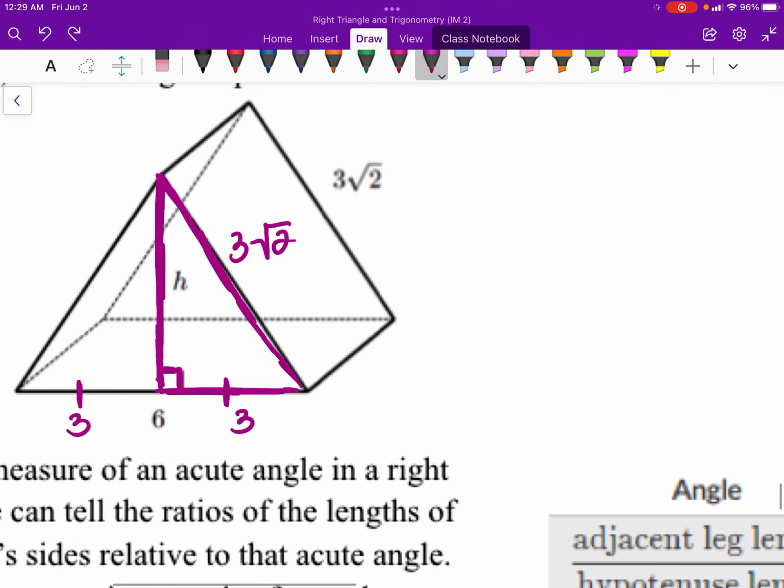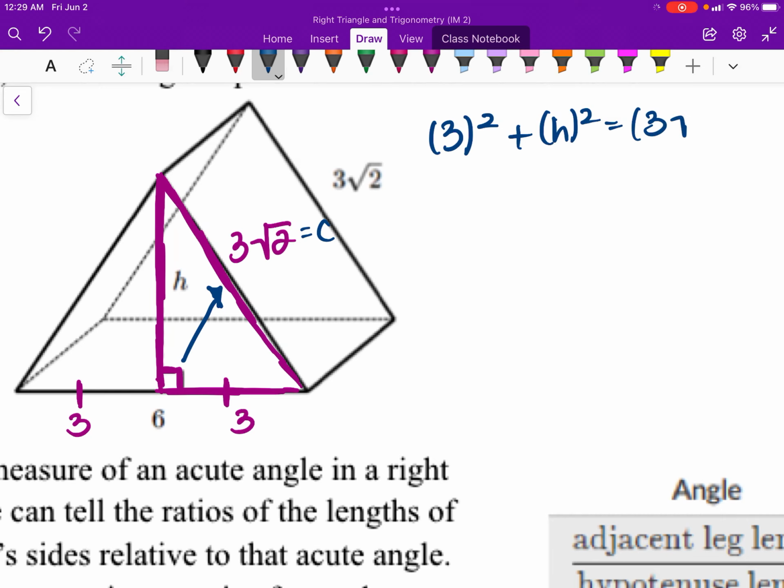So let's go ahead and take a look at this here. First of all, identifying your C, it's the side that's opposite to the right angle, the hypotenuse, so that is C. The other ones in this case would be A and B. So let's do 3 squared plus H squared equals 3 square root of 2 squared.